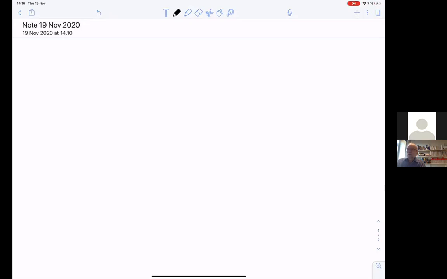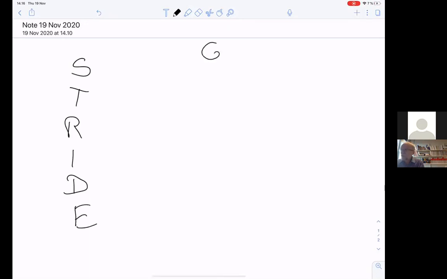Okay, so the first model, we could say, is something called the STRIDE model. This is just an acronym for different kinds of goals that the attacker might be after. So what is the attacker trying to achieve here? The S here stands for spoofing.